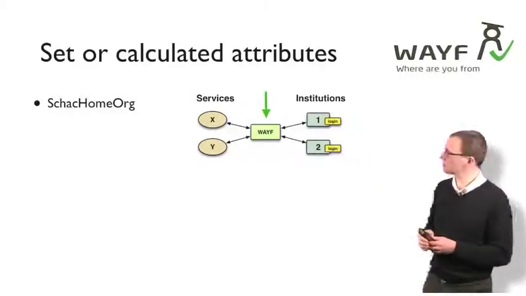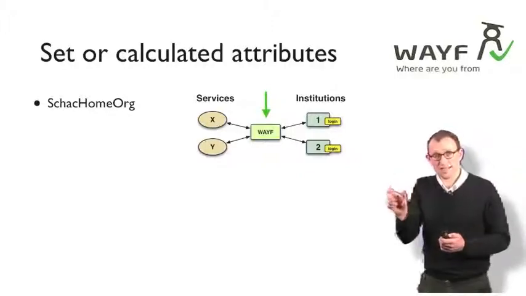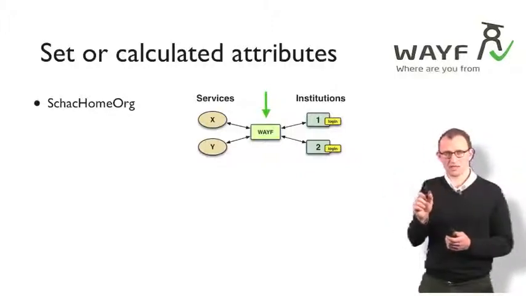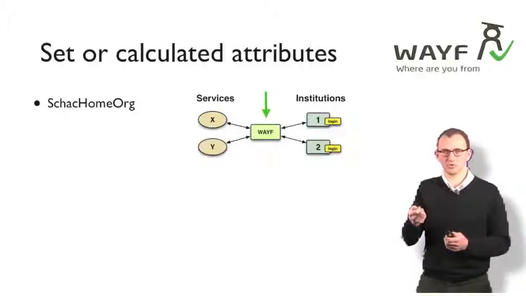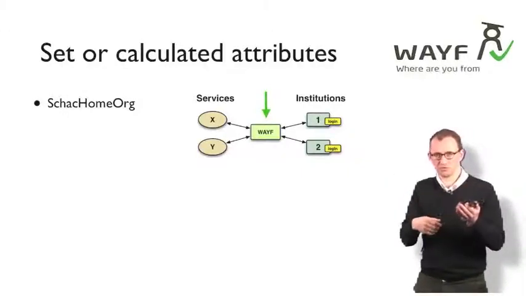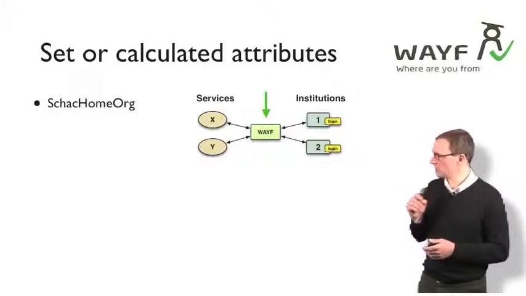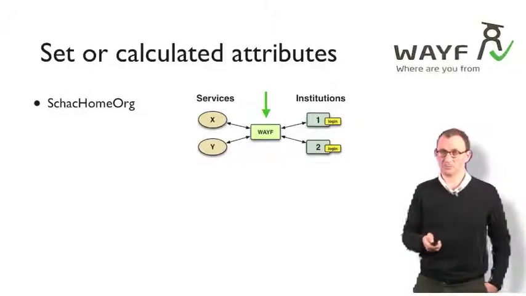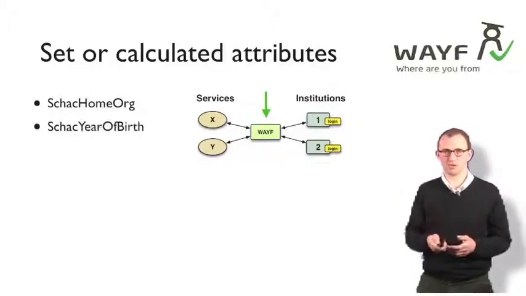In this case we have one called schacHomeOrganization, and this is an attribute that tells the name of the institution or identity provider that you logged in at. Now if the institution could itself issue this attribute, they could also spoof to be someone else or originating from somewhere else. And therefore we have a security feature here by letting the federation operator express where the data originated from.